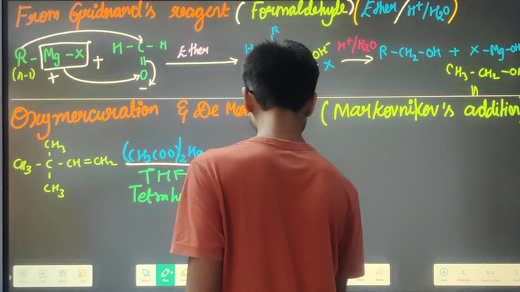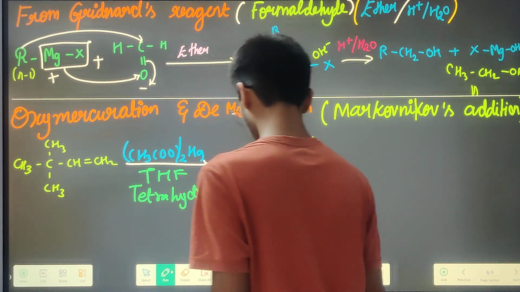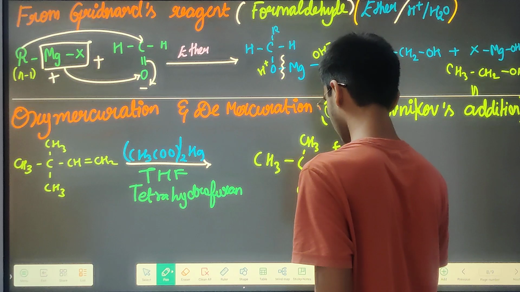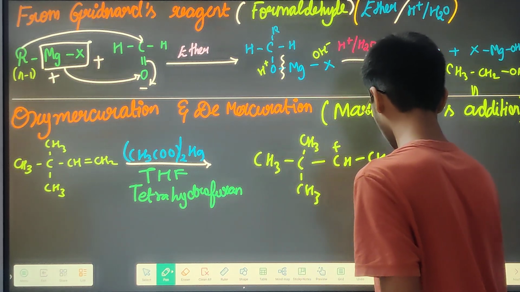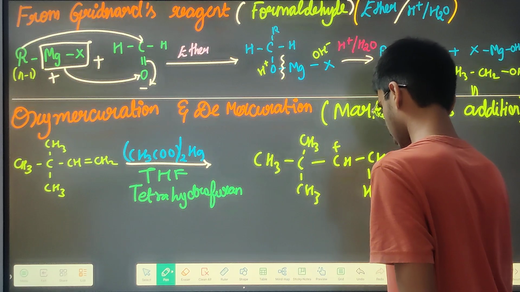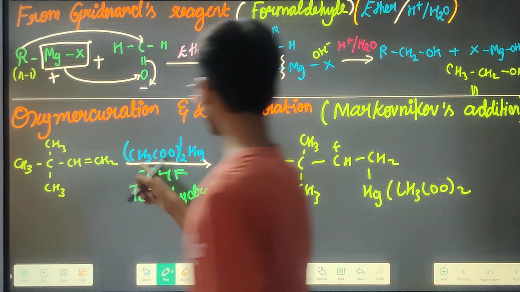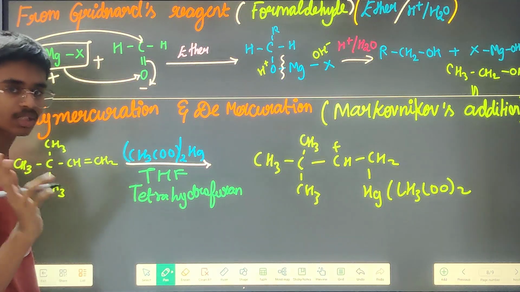CH3, CH3, then again CH3, then here you can see there is CH plus, then one CH2, Hg, CH3COO twice. From here there are totally two CH3COO.